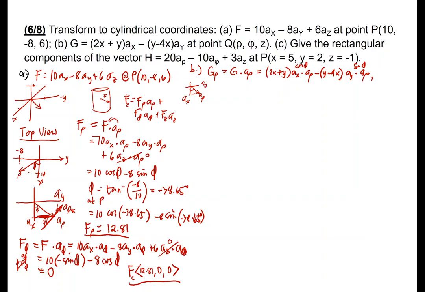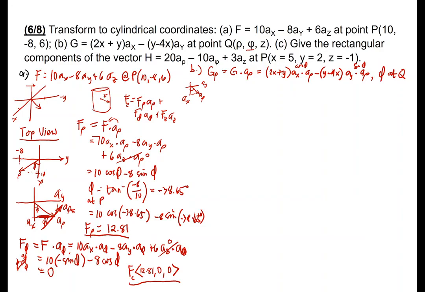Now the phi here is not the phi that was given. So phi here is the angle at point Q. Now we know at point Q, phi is phi.